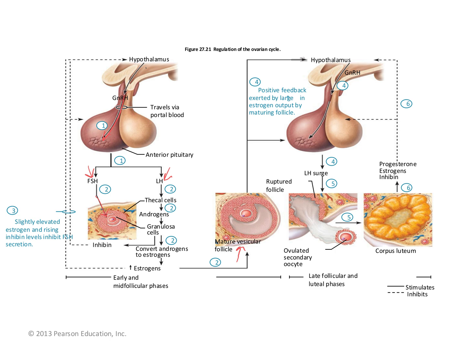And so it's that positive feedback loop that on day 14 causes a surge in luteinizing hormone, which is what triggers ovulation. After ovulation, our remaining follicular cells become our corpus luteum, and they produce progesterone, estrogen, and inhibin.